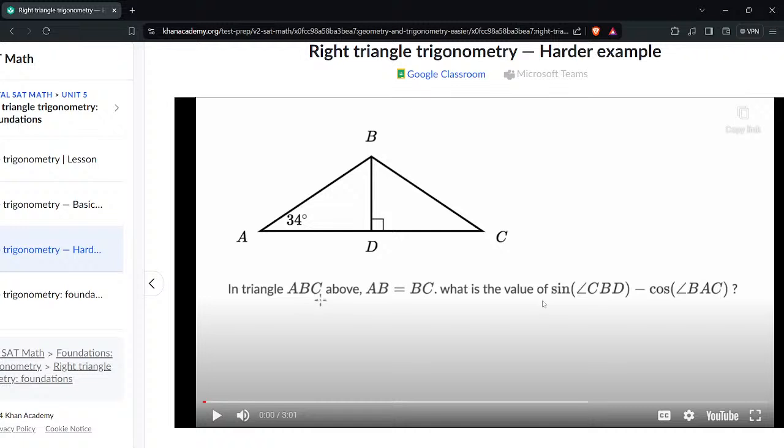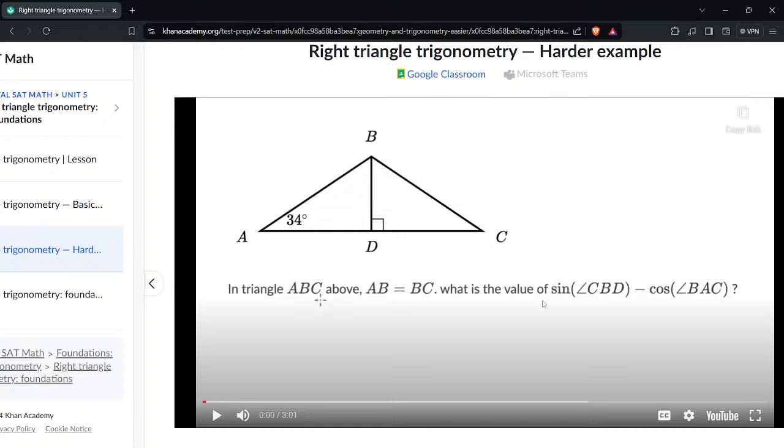So let's find the value of angle CBD, sine CBD. Sine 56 is equal to opposite, CD by BC, and then we have cos of angle BAC, which is 34, and that equals AD by AB, right?